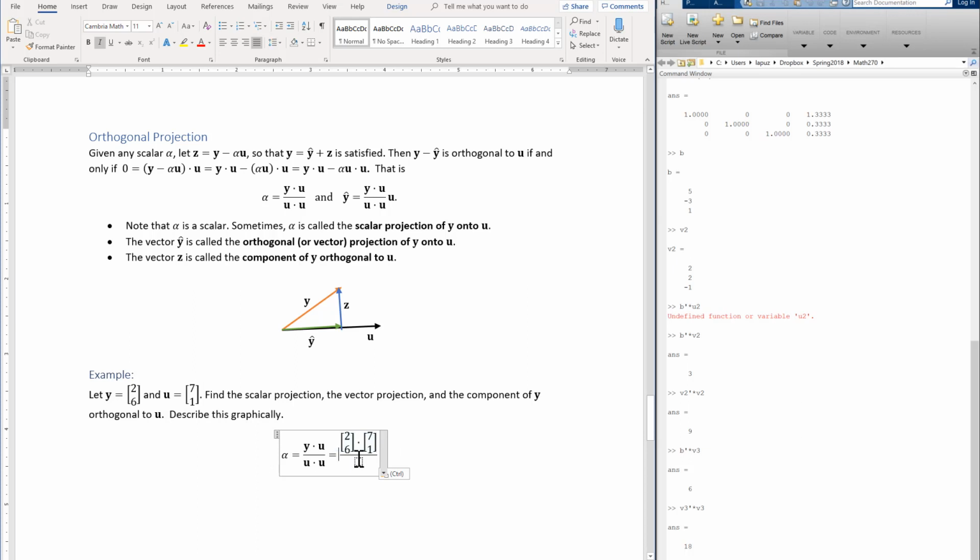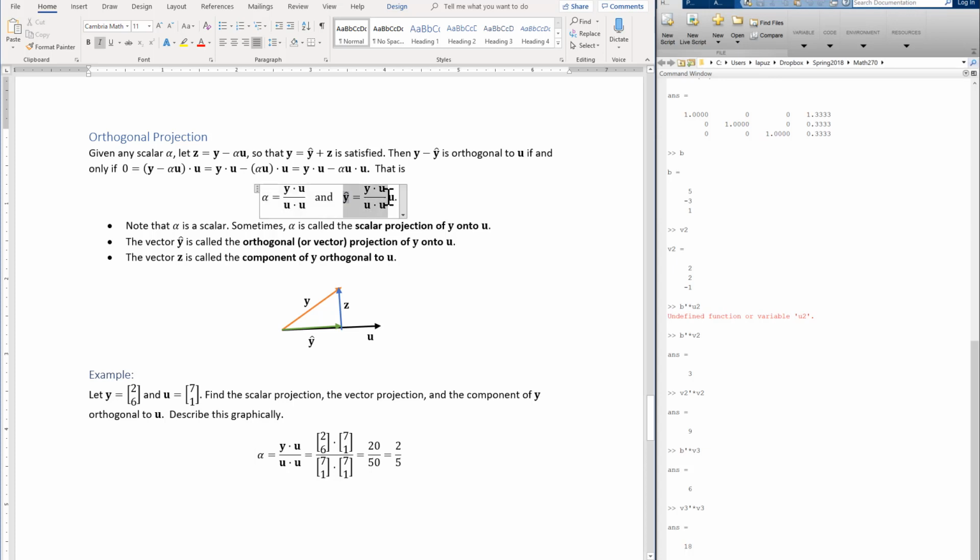And then we have this dotted with itself. And so this is going to equal 14 plus 6, that's 20, divided by, this is 49 plus 1 is 50. So 20 over 50, I guess that's 2/5. And so that's a scaling factor.